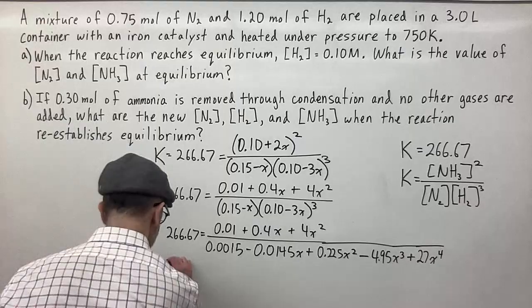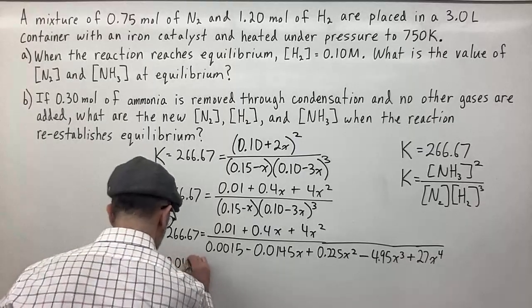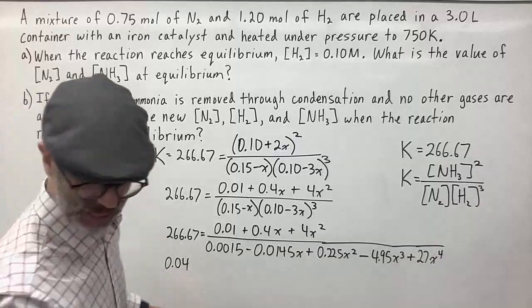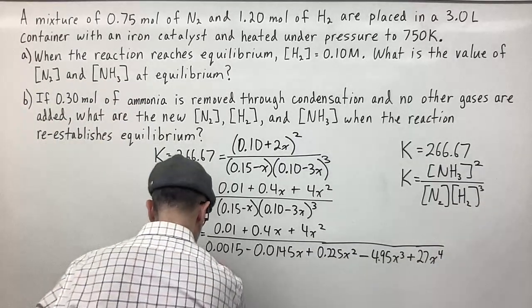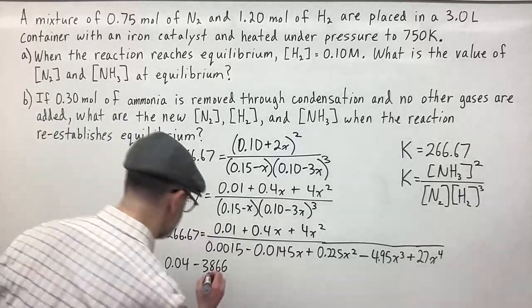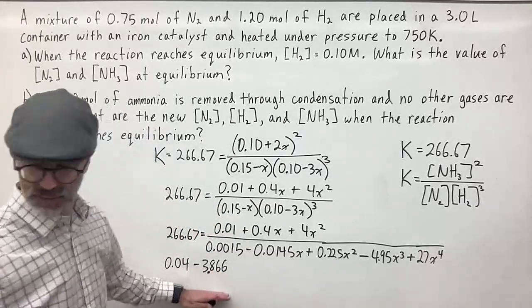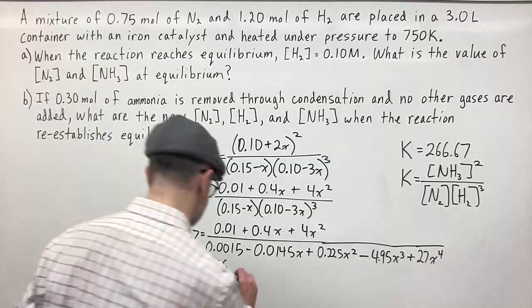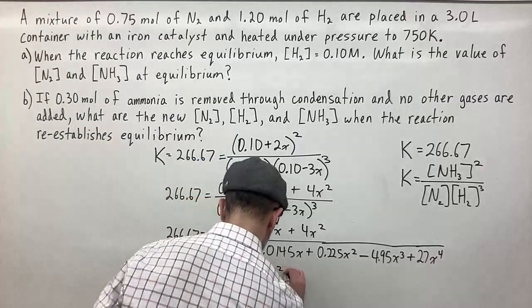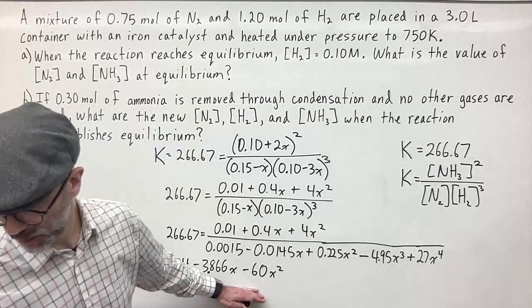I'm going to have 0.04 minus 3.866x, let me double check that.